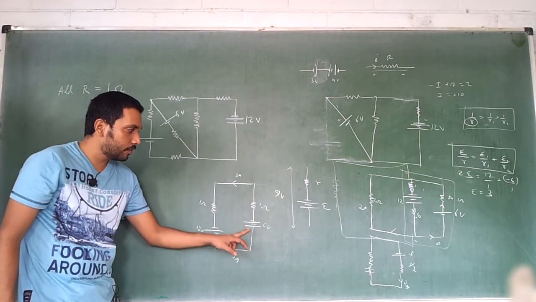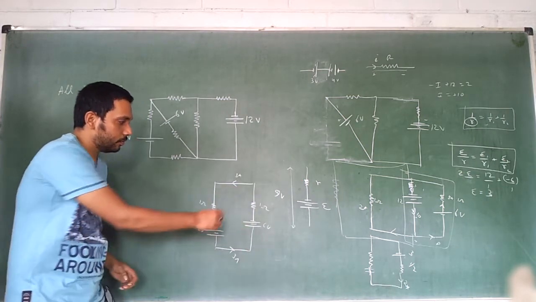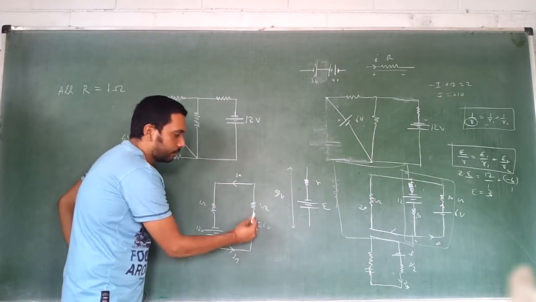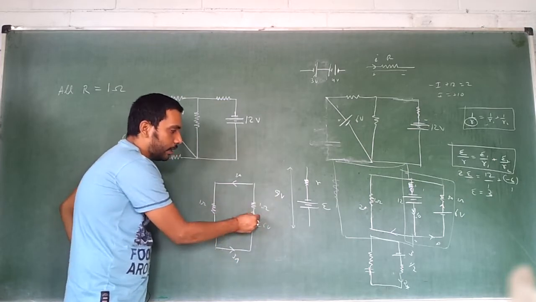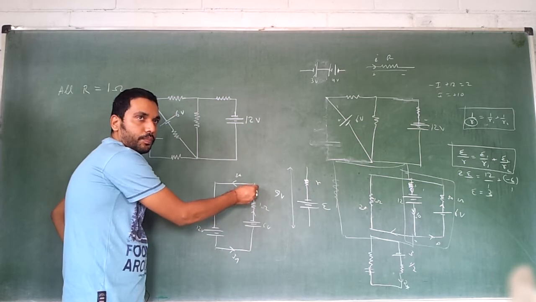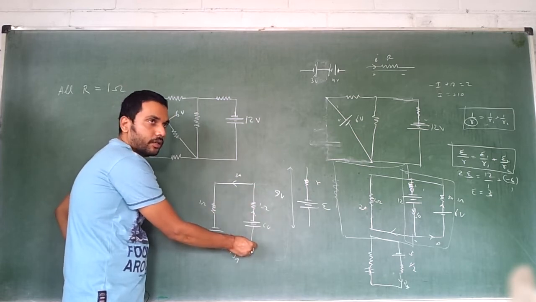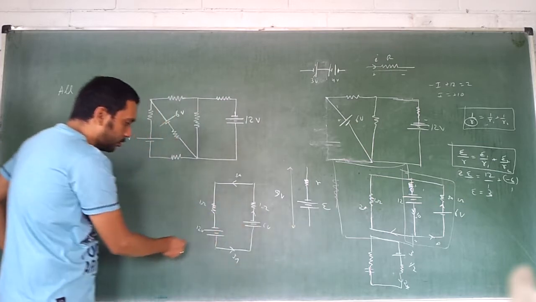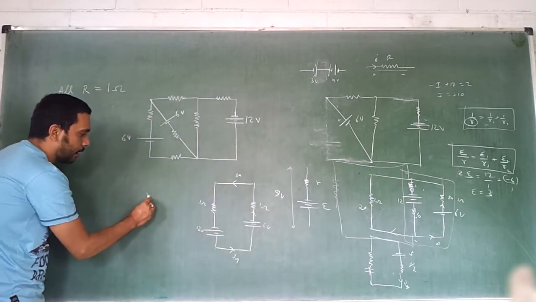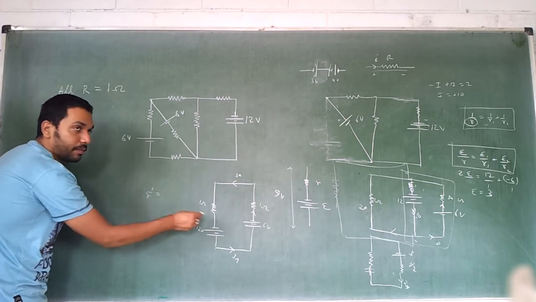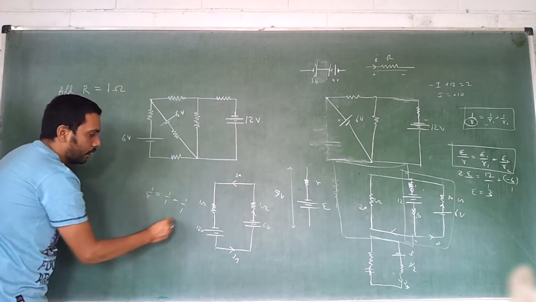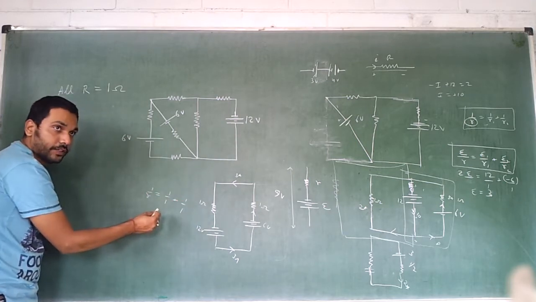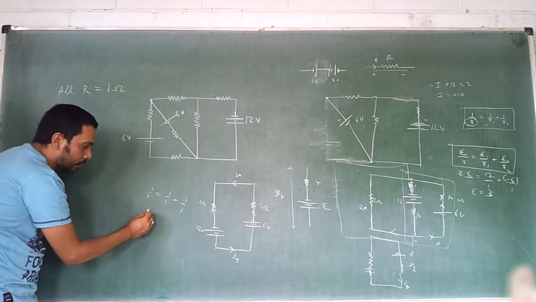If I go from here downwards, I am going against the current, it is plus 3 plus 6, 9 volt battery, right? If I apply the formula also, it's a 9 volt battery. R is given by 1 by R is equal to 1 by 1 plus 1 by 1, which is R is equal to half.